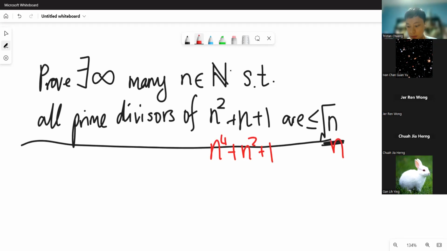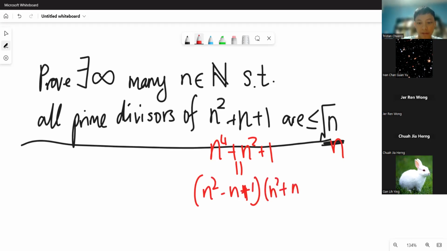The thing is, I can factorize this into n squared minus n plus 1 times n squared plus n plus 1, right?